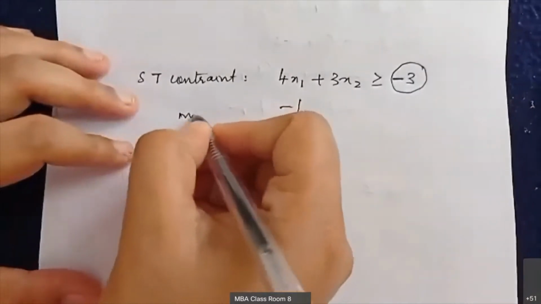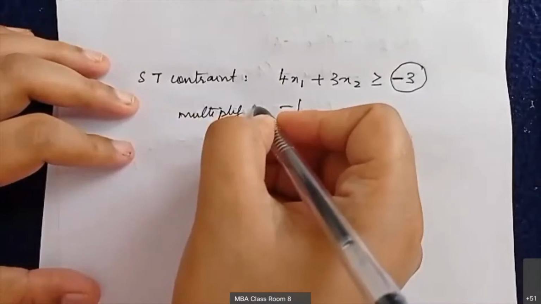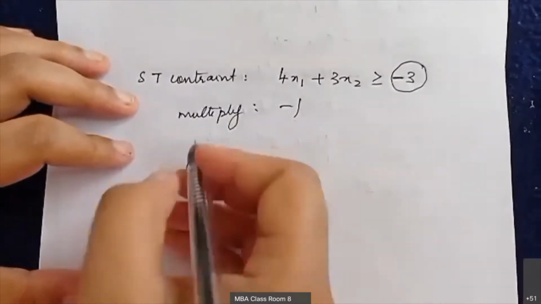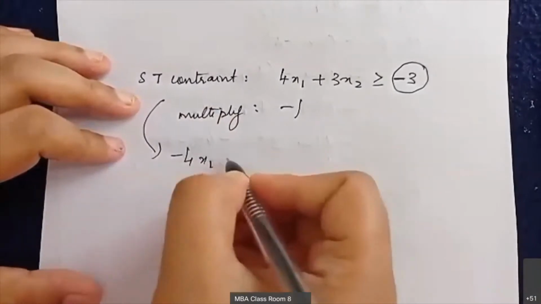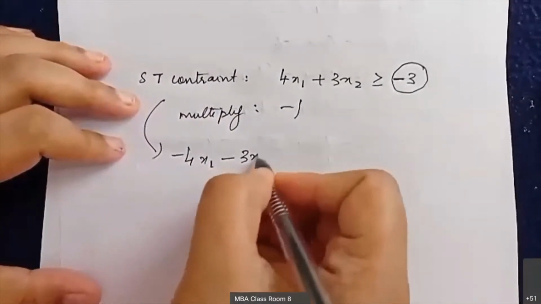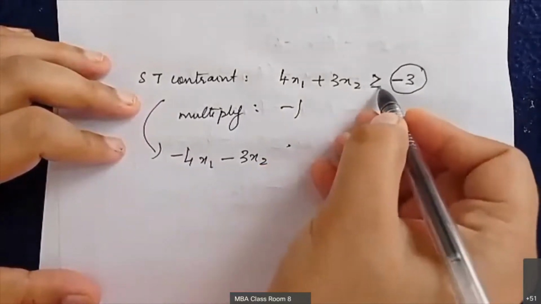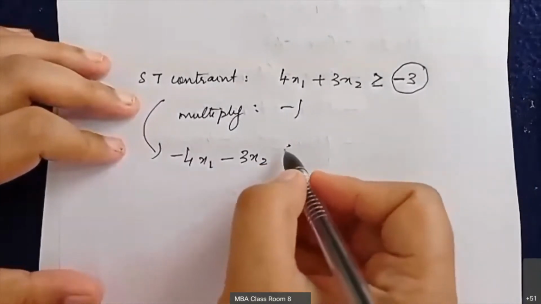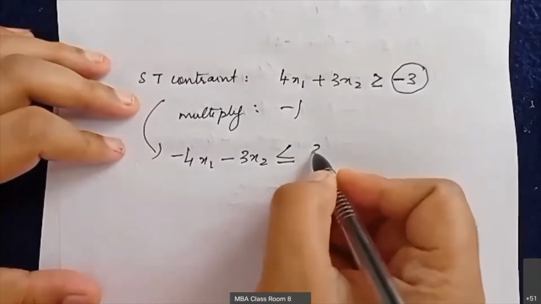So we multiply the inequality with negative 1. Our constraint will become minus 4x1 minus 3x2, and the inequality will also change. Over here we have greater than or equal to. When we multiply with minus 1, it will become less than or equal to 3.